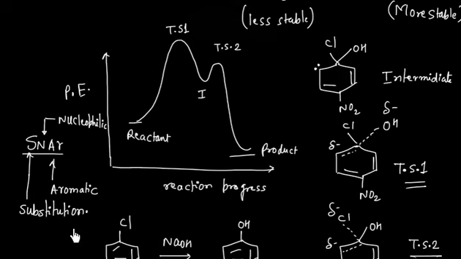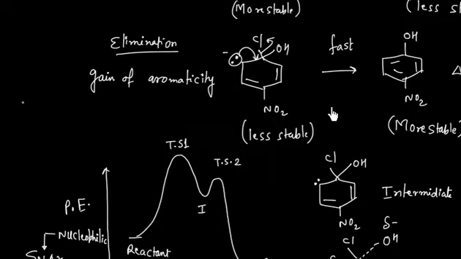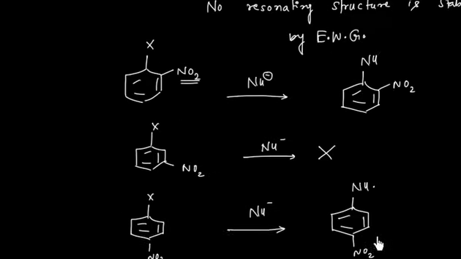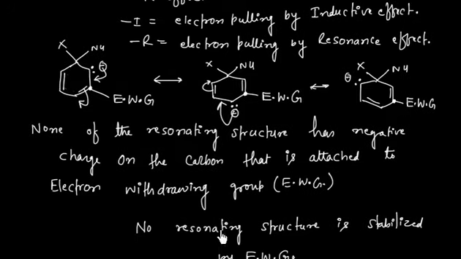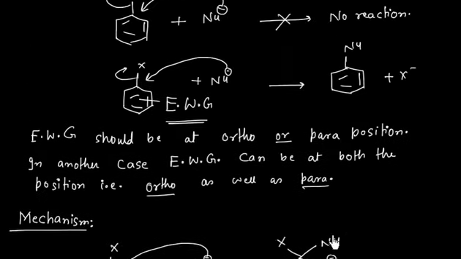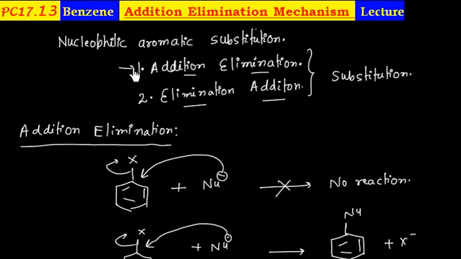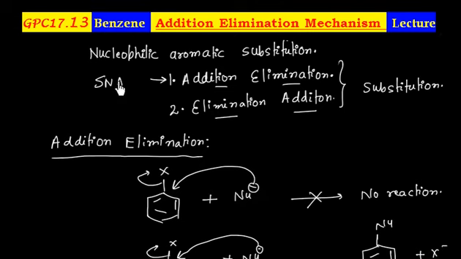So nucleophilic aromatic substitution is also called an SNAr reaction. The addition elimination mechanism is also called the SNAr mechanism. The elimination addition mechanism is called the benzyne mechanism. We will discuss this also sometime later.